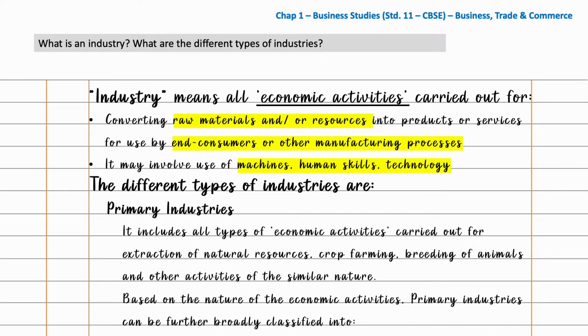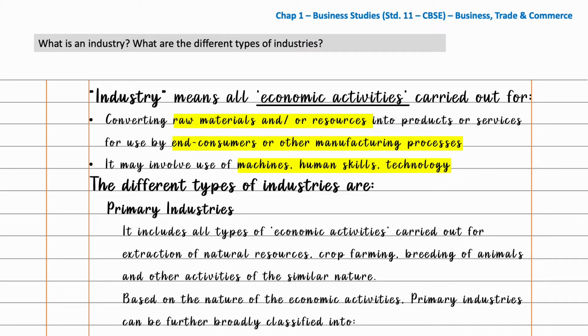So what we need to mention is that it is not meant for the end consumers all the time, but it could also be useful for other manufacturing processes. So that's the first part of the definition.